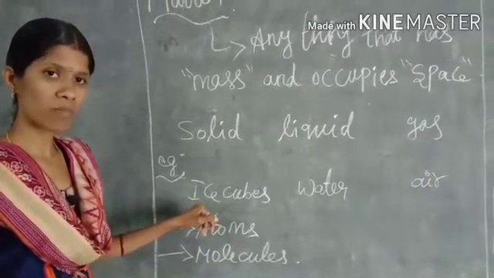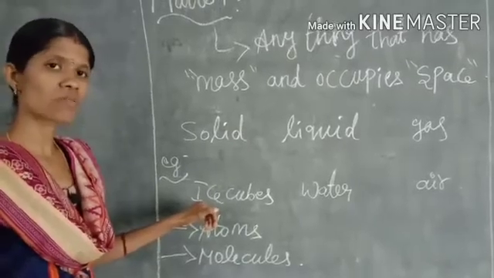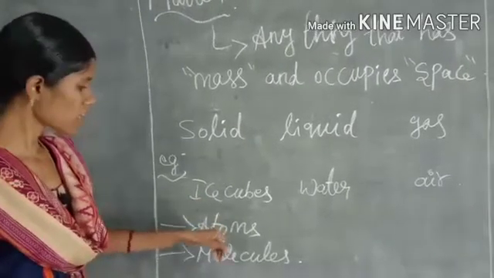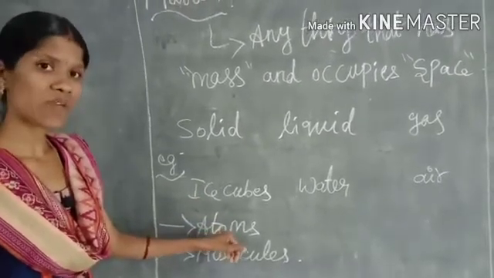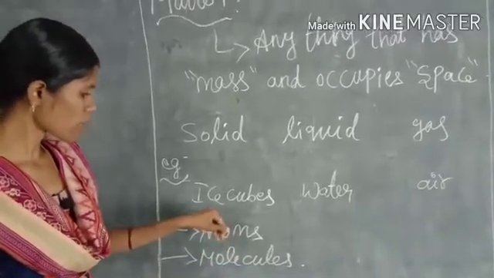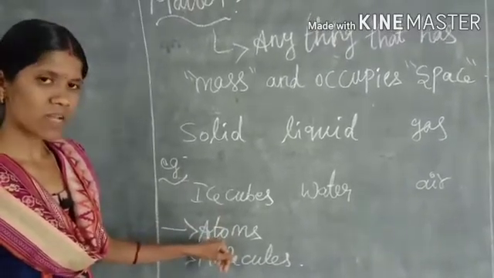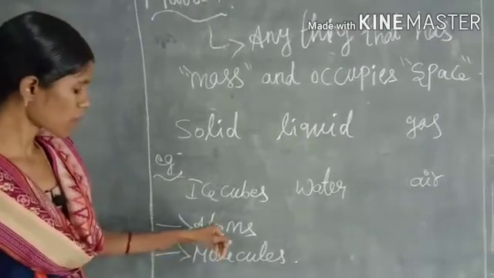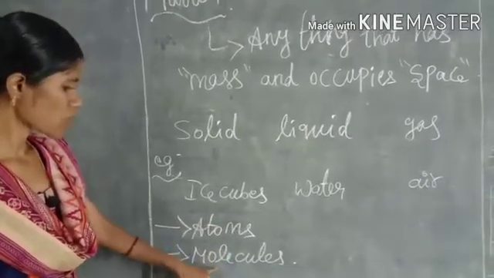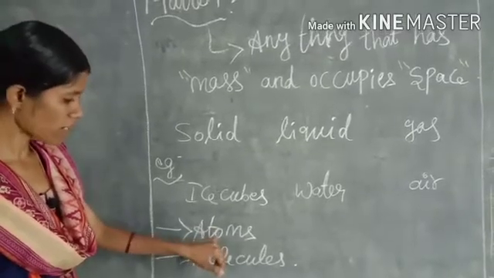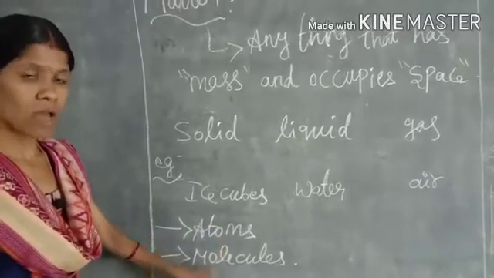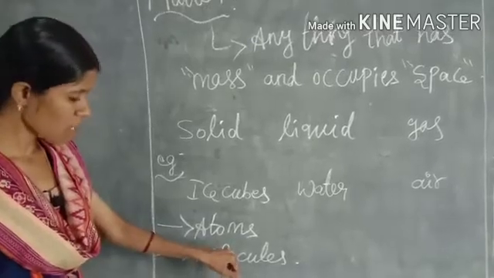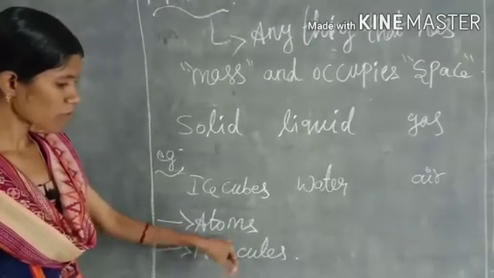What is it that matter is made of? Atoms. Then what is meant by molecules? A group of atoms forms molecules. So matter is made up of atoms, and molecules are made up of atoms.